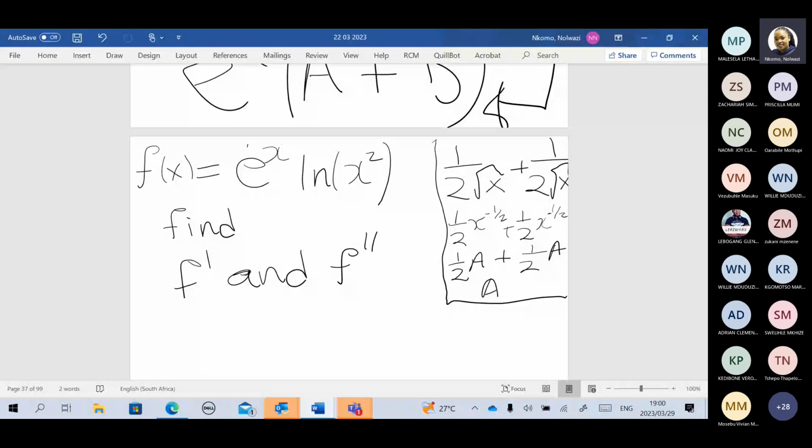This is our function. 5 minutes starting from now. It's 7, we'll do it together at 7:05. Please attempt it for now, just the first derivative and the second derivative.